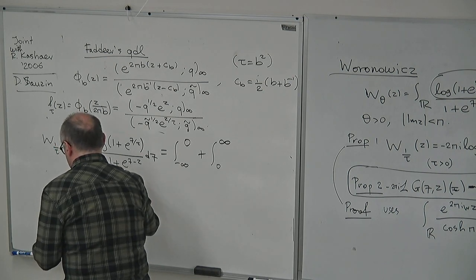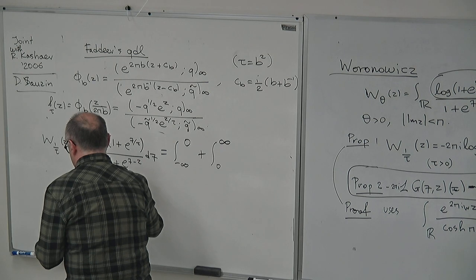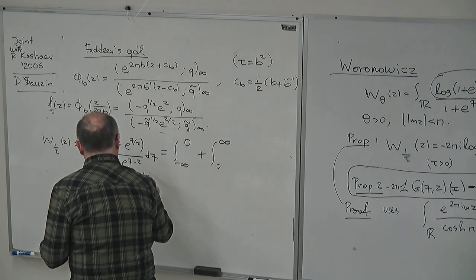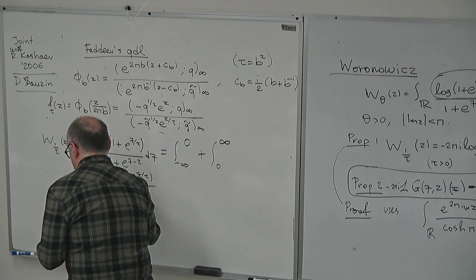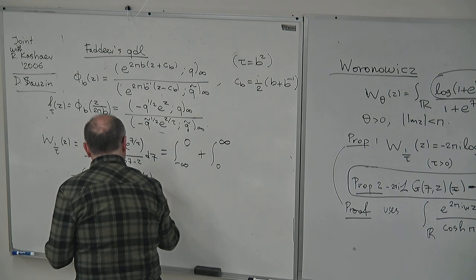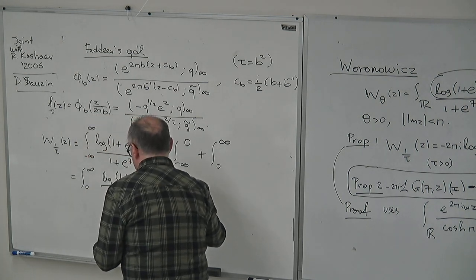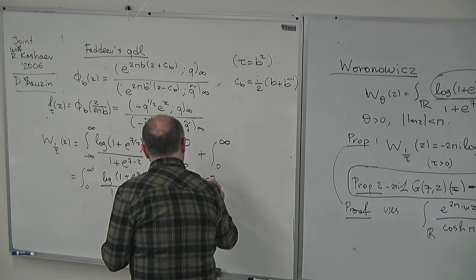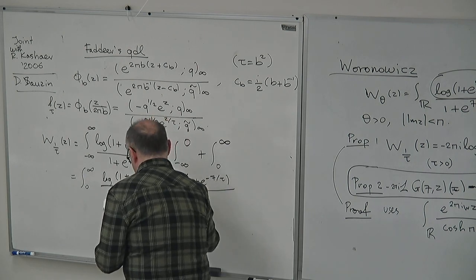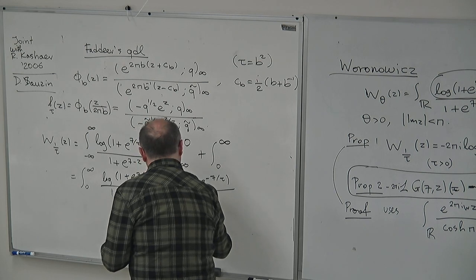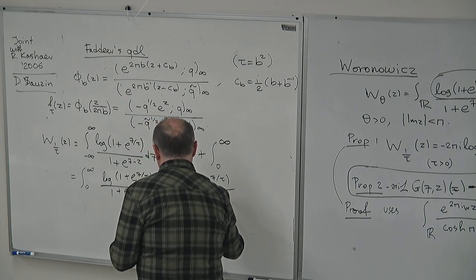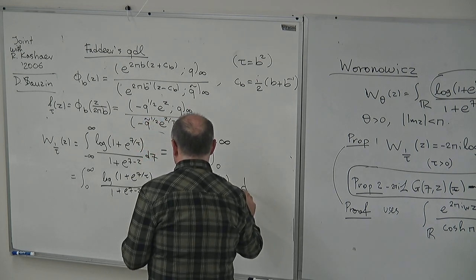Now we folded it. E to the xc over tau over 1 plus e to the xc minus z, and the other log of 1 plus e to the minus xc over tau over 1 plus e to the minus xc minus z dxc.